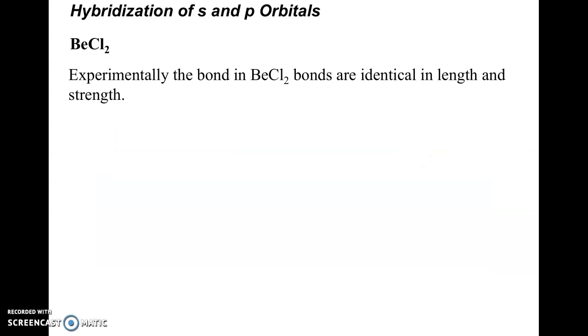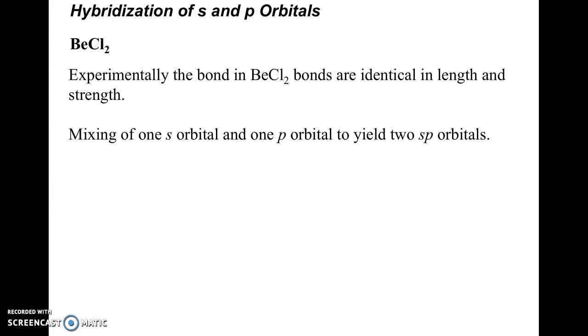We know experimentally that those bonds are identical in length and in strength, and so therefore we get down to the idea that we have to mix those orbitals so that we get two equivalent orbitals.